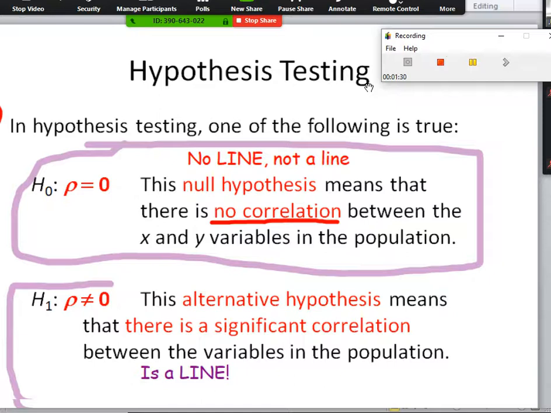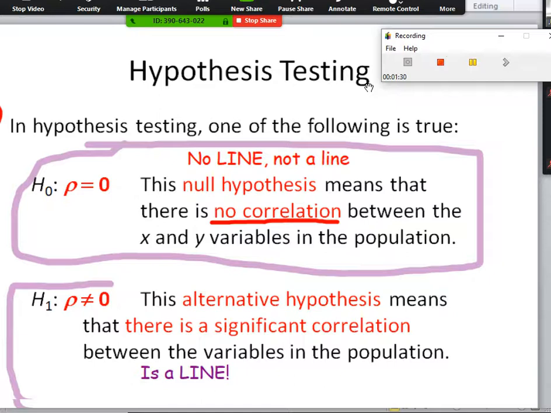So what they're going to be is a relationship, isn't a relationship, that sort of thing. So yeah, it's always going to be is or isn't, but chapter 11, it won't necessarily be two-tailed, because chi-squared only goes in one direction. It starts at 0 and goes to the right.